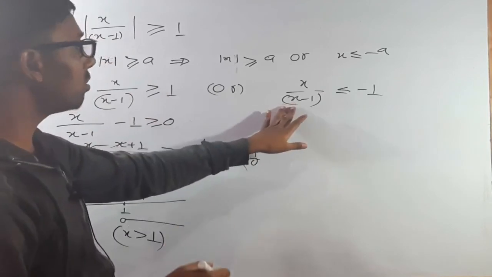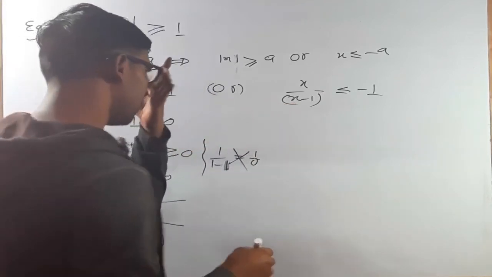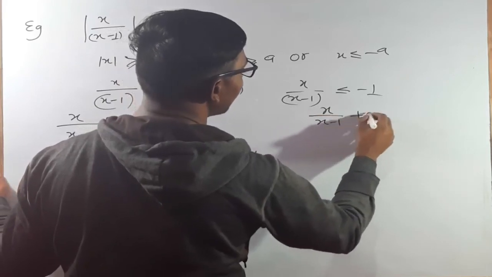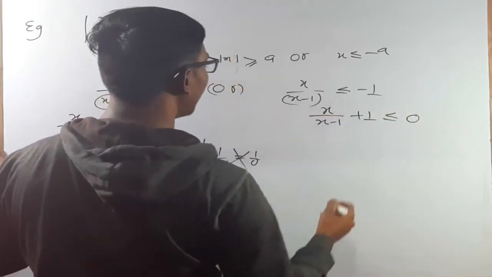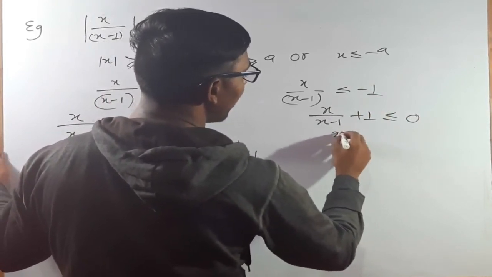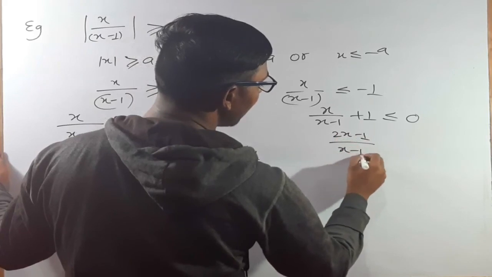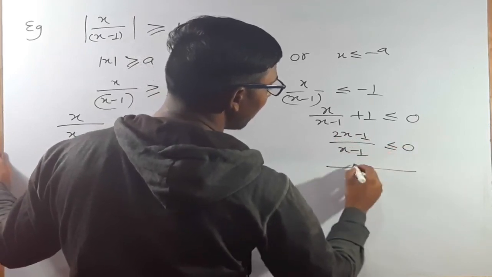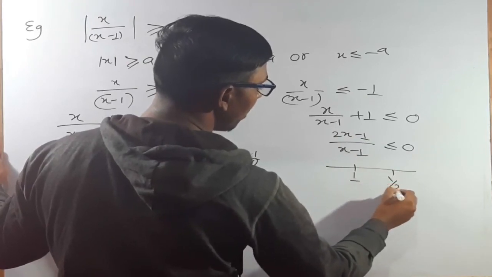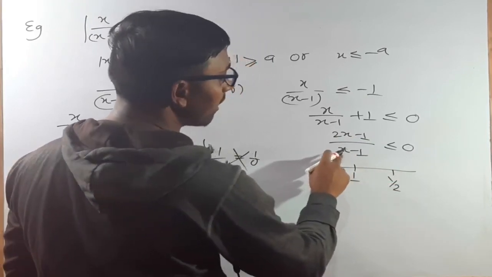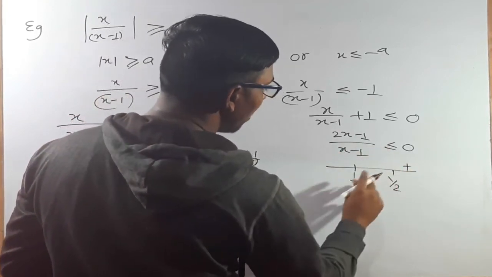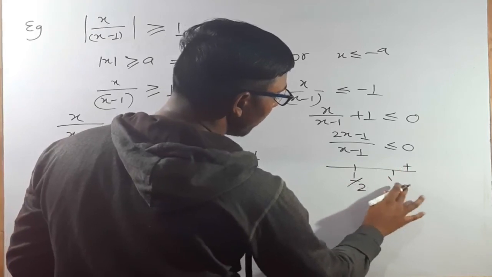Similarly we will solve this also. Here I'm saying x upon x minus 1 plus 1 should be less than or equal to 0. So here 2x minus 1 upon x minus 1 is greater than or equal to 0. Here 1 by 2 is a point of inversion and 1 is a point of inversion, but x cannot be equal to 1. Since the equality sign is there, this is going to be 1 by 2, and this is going to be 1, because 1 is greater than 1 by 2.